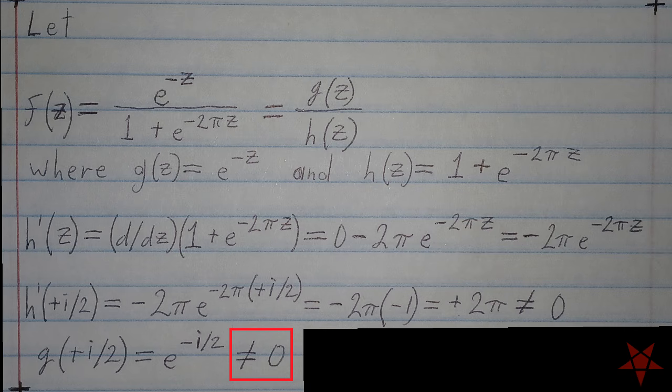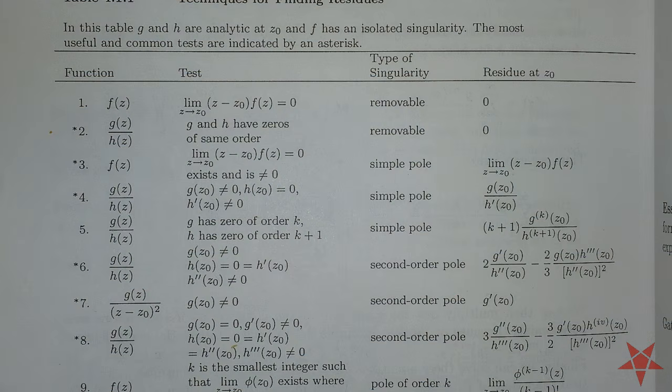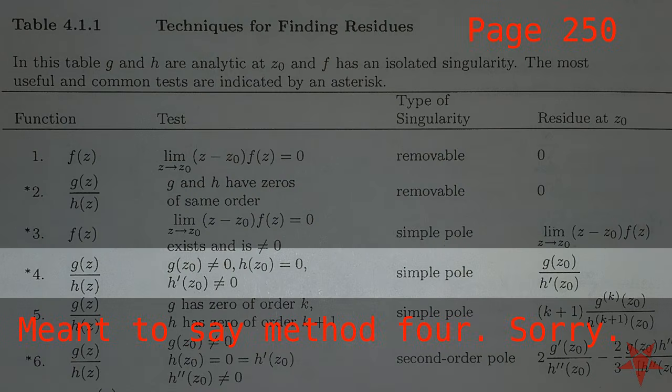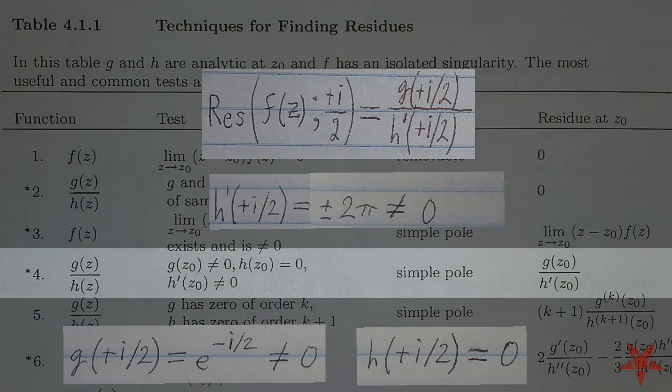Similarly, g of I over 2 gives us a non-zero value, and along with a zero value for h at I over 2, we have satisfied the requirements for use of method 3 in table 4.11 on page 250 of the text. This allows us to calculate the residue at I over 2 utilizing g of z naught divided by h prime of z naught.